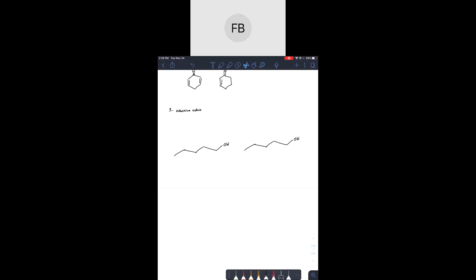But anyways, let's say that there was some kind of very electronegative atom in here. In the one case, it's only 2 carbons away from the OH, but in the other case, it's 4 carbons away, so it's farther away from the OH.